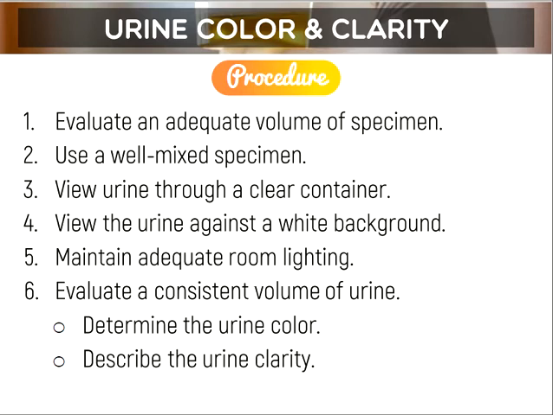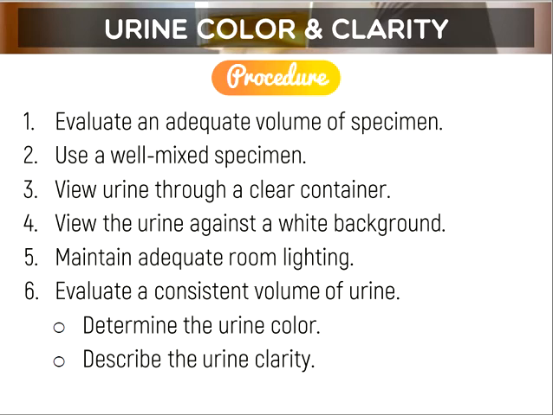So next, we have the urine color and clarity procedure. I bet you have all performed this, especially you second years in public health. First, evaluate an adequate volume of specimen. If your urine was refrigerated, always allow it to reach room temperature before proceeding with the test.